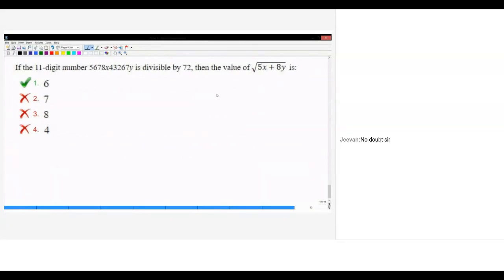Question asked in the previous years. If the 11-digit number 5678x432667y is divisible by 72, then find the value of 5x plus 8y. So first you apply the divisibility rule of 8.